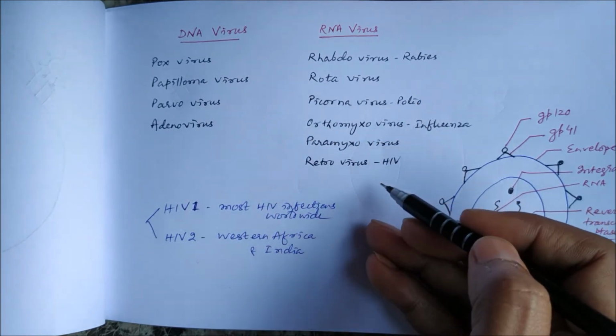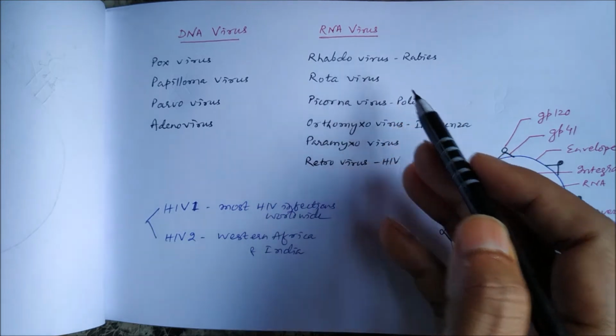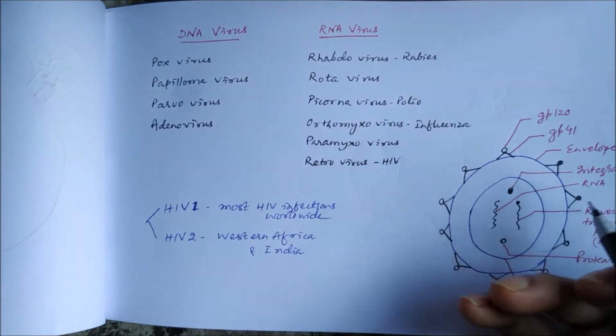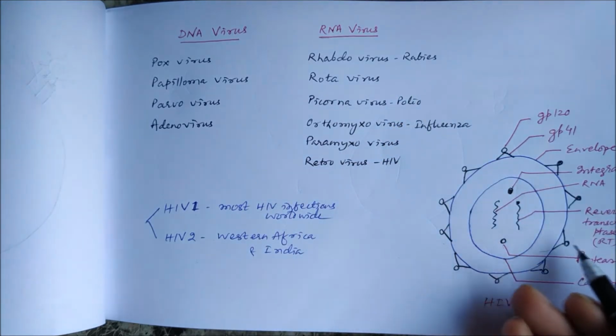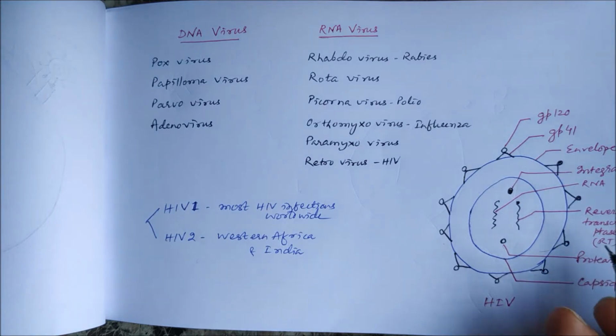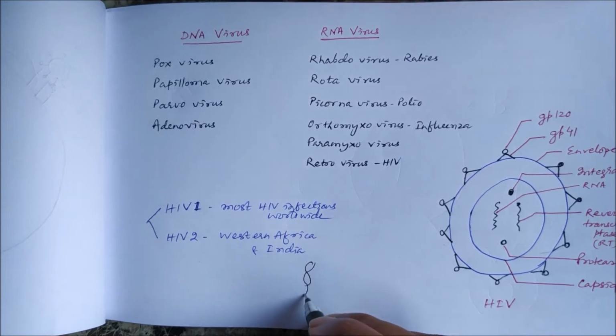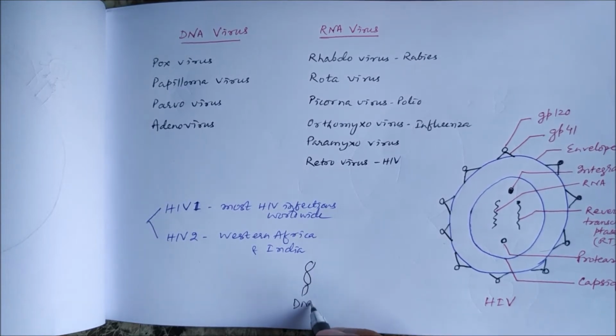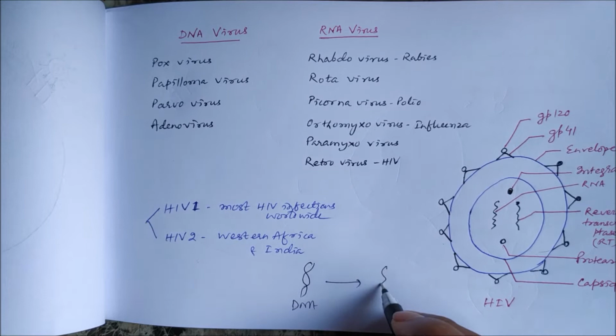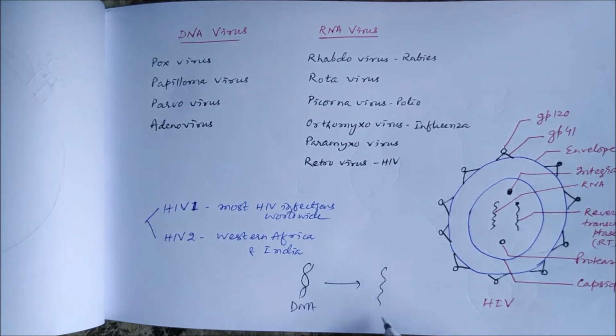And retrovirus or HIV is a type of RNA virus, but it is something different because it has one enzyme called reverse transcriptase. We know transcription is a process in which the double stranded DNA is converted to single strand RNA.